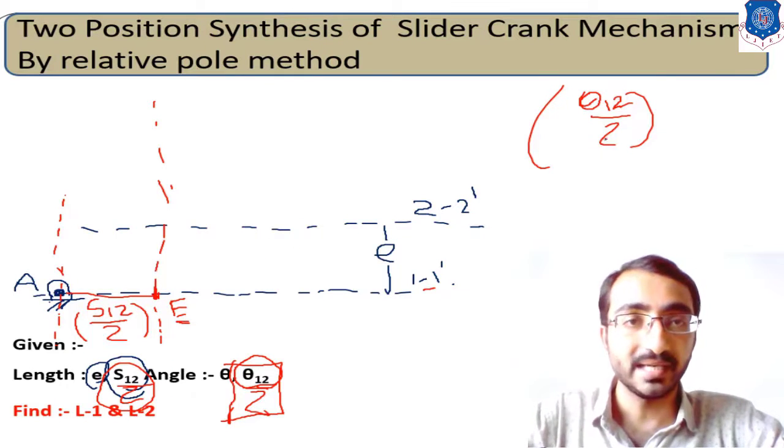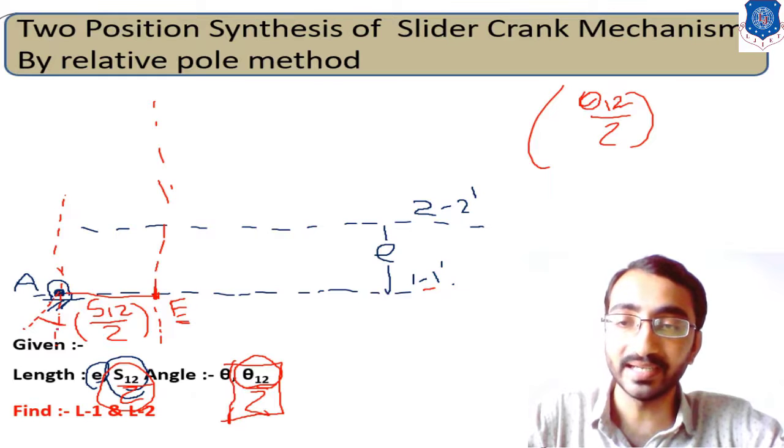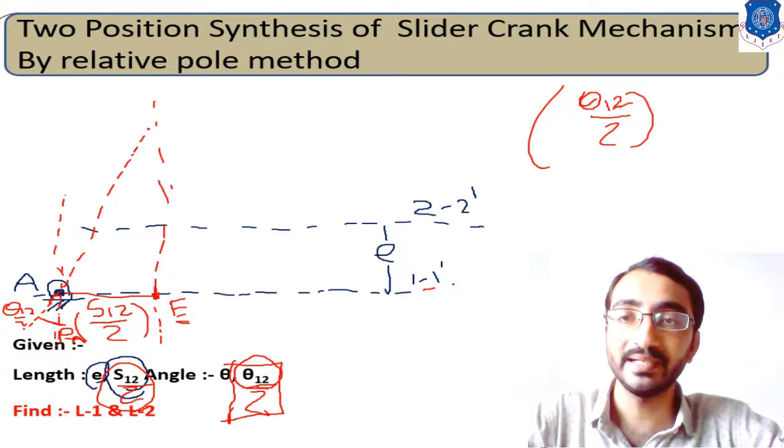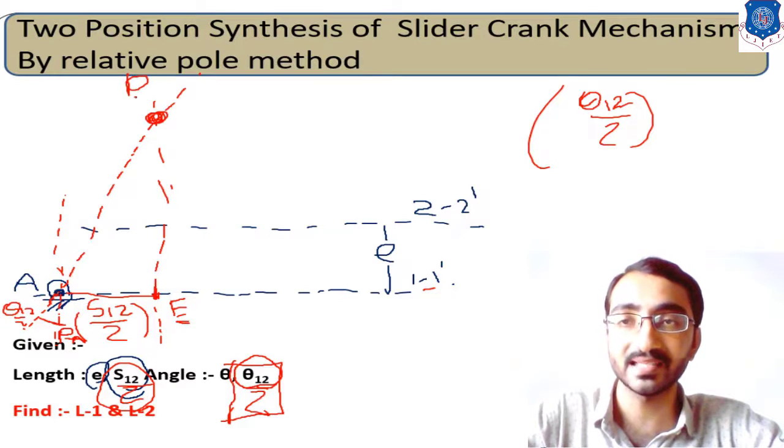So take theta 12 by 2 as your half angle, and measure it from this vertical line, which is considered as PA. With reference to this PA line, draw a line at angle theta 12 by 2. This line will intersect here, and you will get one intersection point which can be considered as PE.